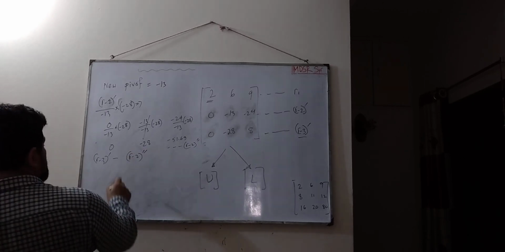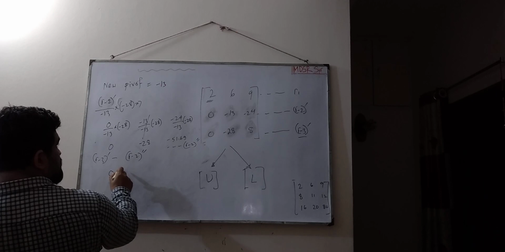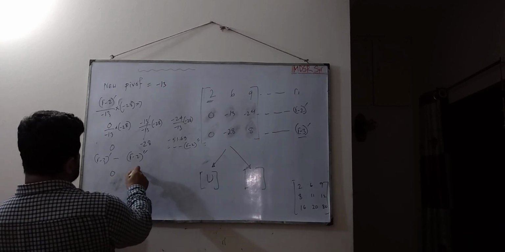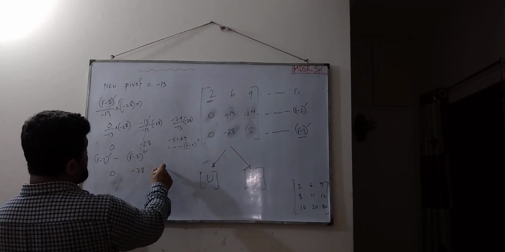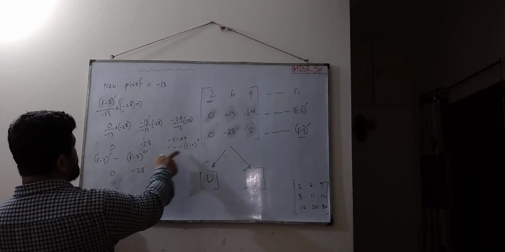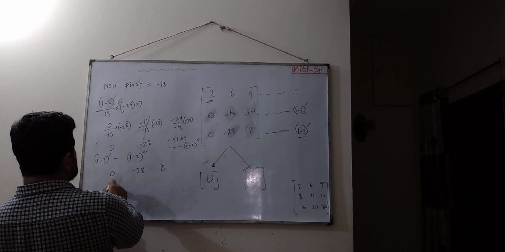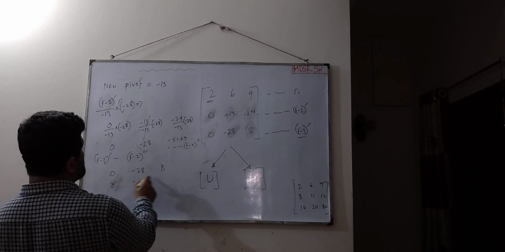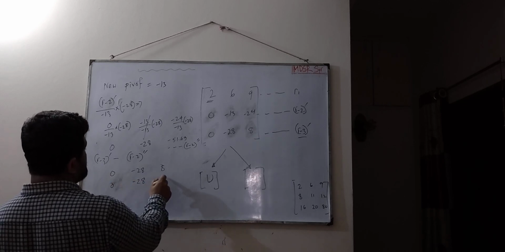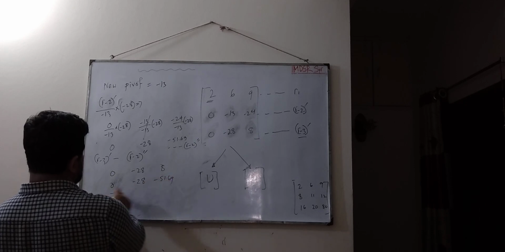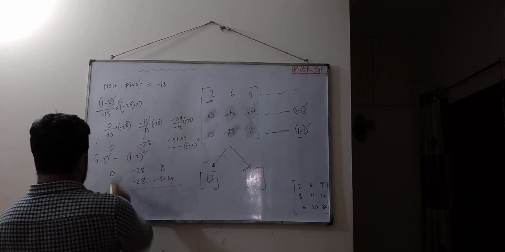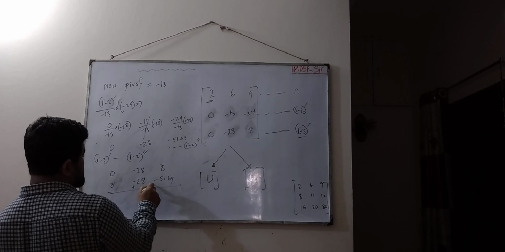Row 3 prime is your 0, minus 28, 8. Now row 2 double prime is 0, minus 28, minus 51.69. So this one is minus plus.